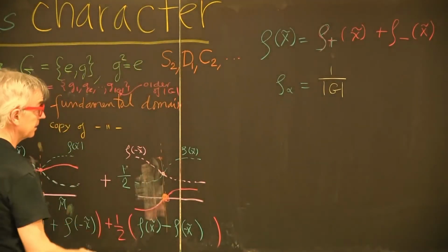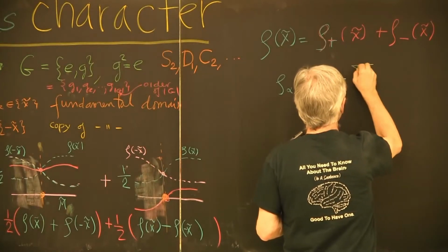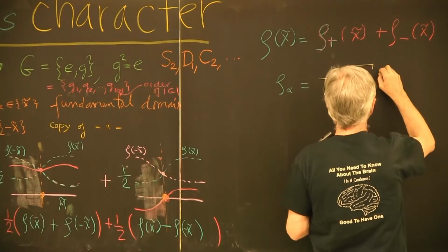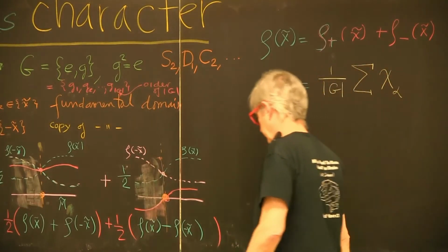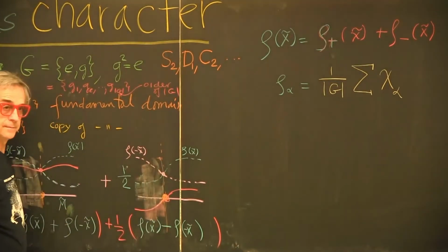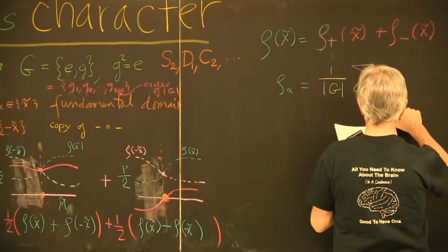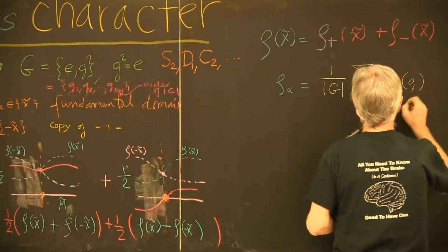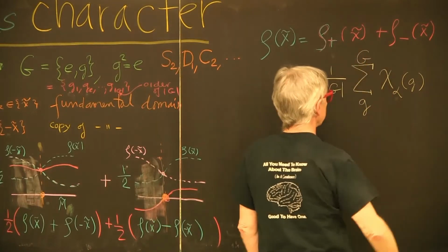That's this 1/2 here. Sum of some number which depends on the representation. So this number in the simple case will be either plus or minus 1. So it has a label of representation. And it depends on the group element. And I sum over all group elements, which are only 2 in this case.